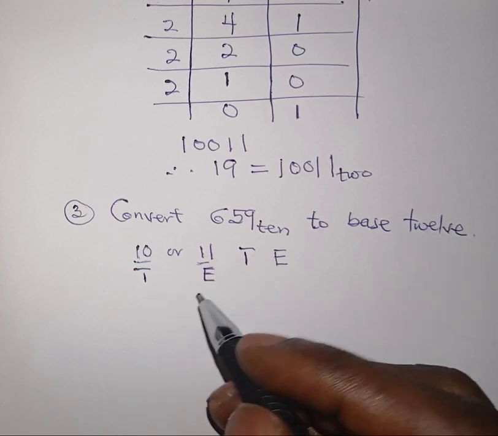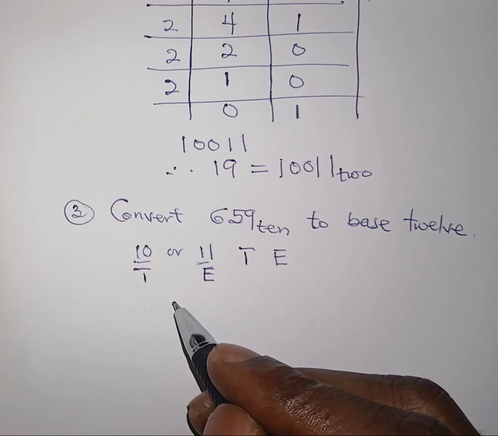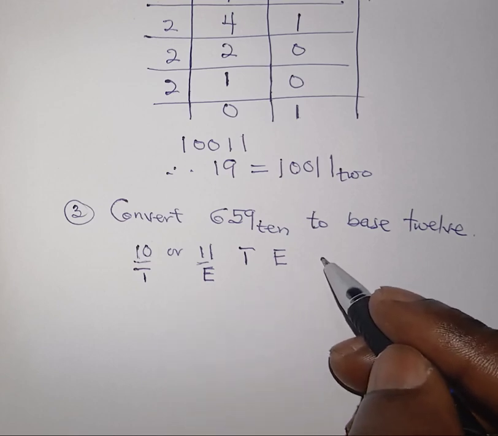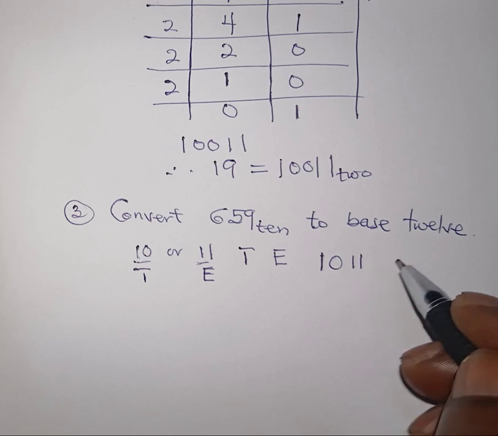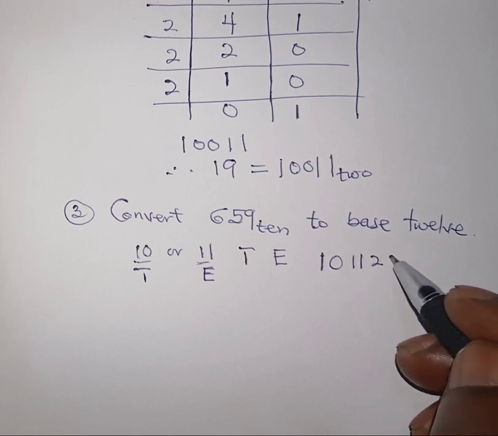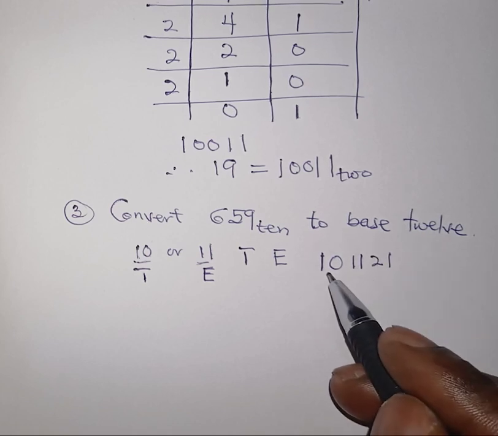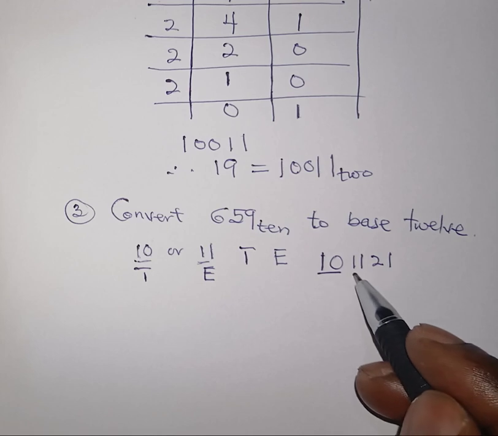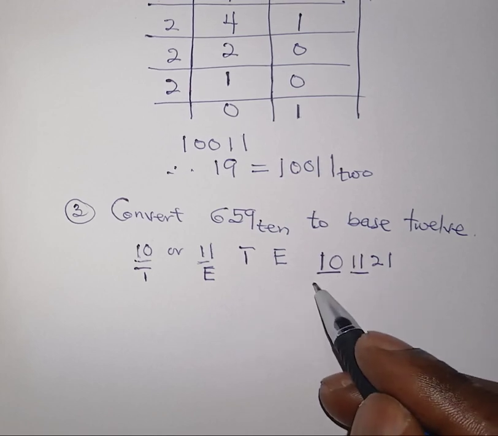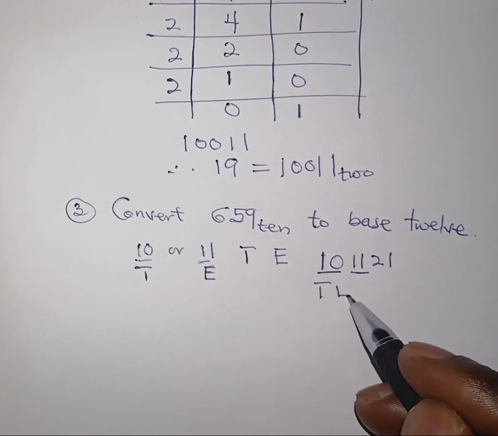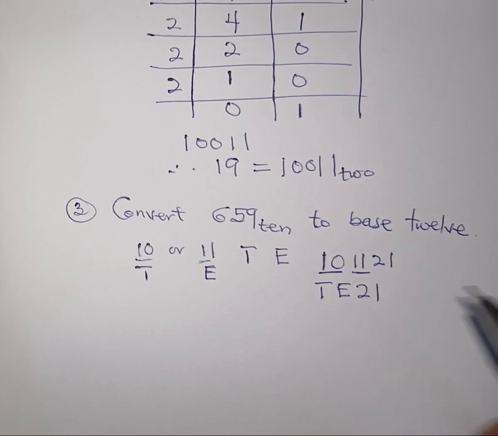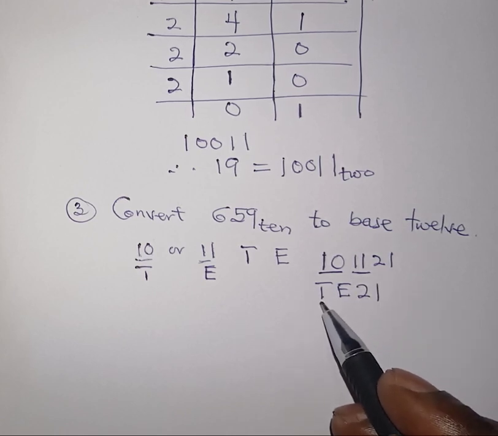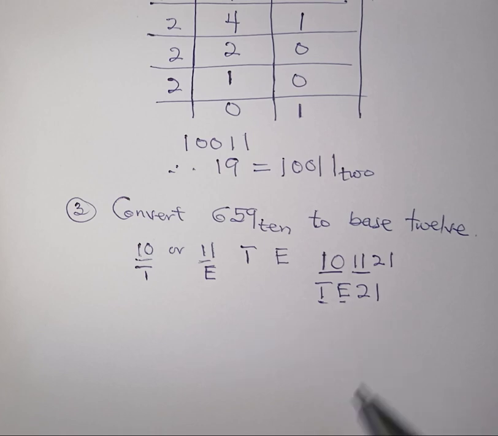For instance, let's say I have 10, 11, then 2, 1. Because I know this is 10 and this is 11, I need to write T, E, 2, 1, so that it will tell me that, okay, this is 10 and this is 11.